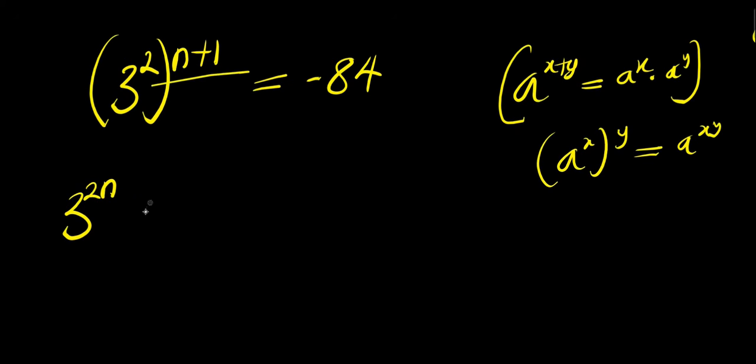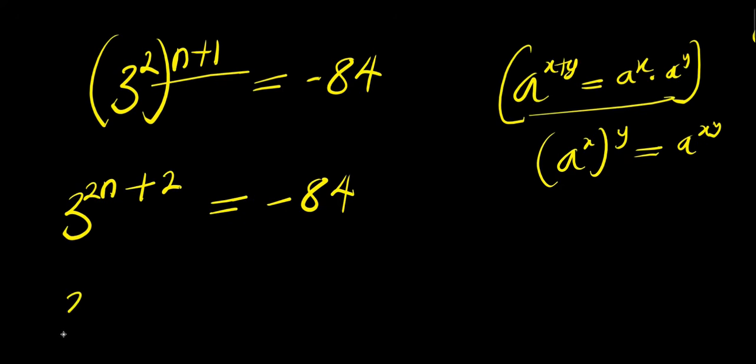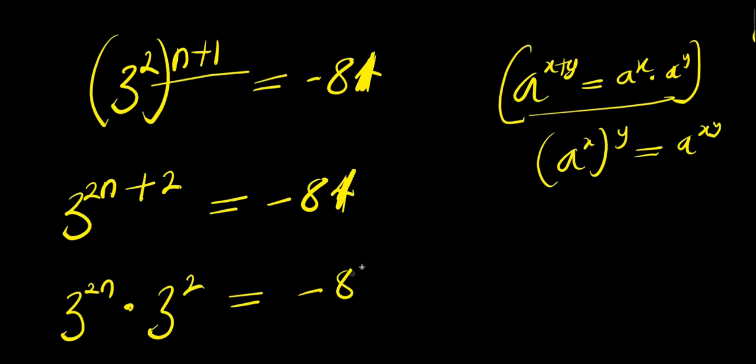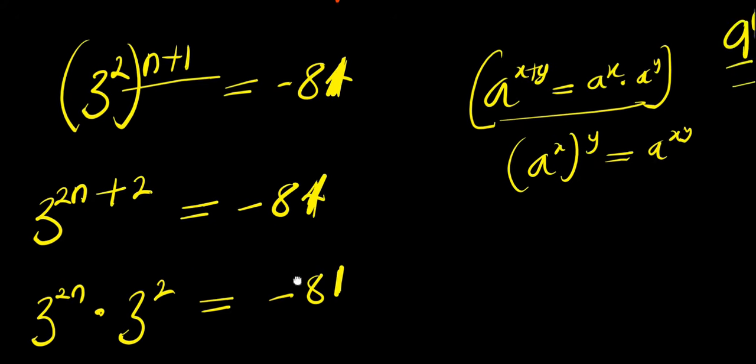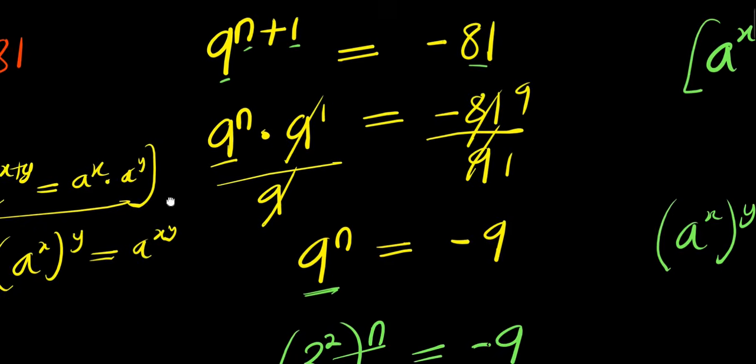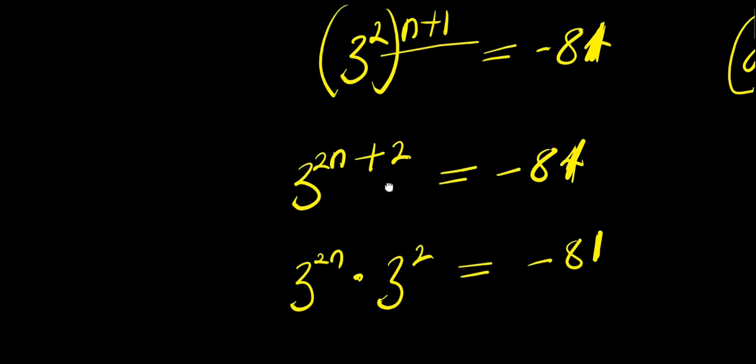So let's multiply this out: 2 times n, 2 times 1, plus 2 equals negative 81. We then apply this. This is 3 power 2n times 3 power 2 equals negative 81. I think this is 81, not 84. Yes, that's 81.